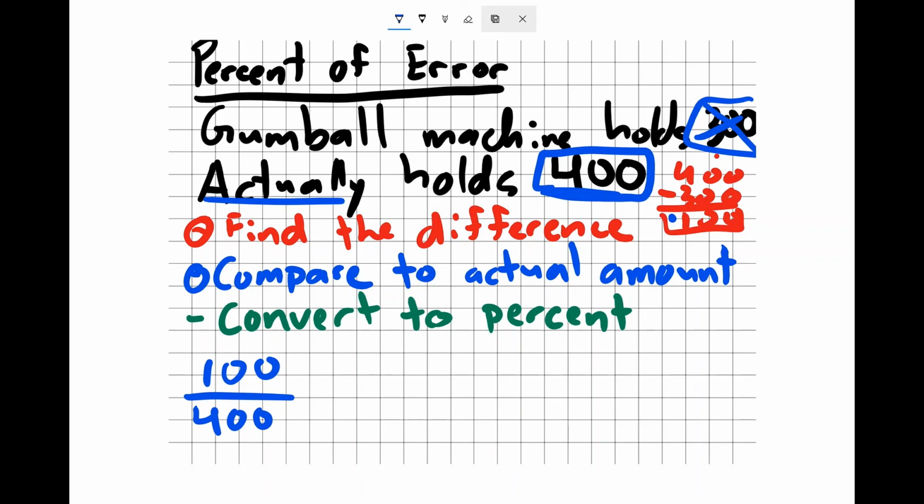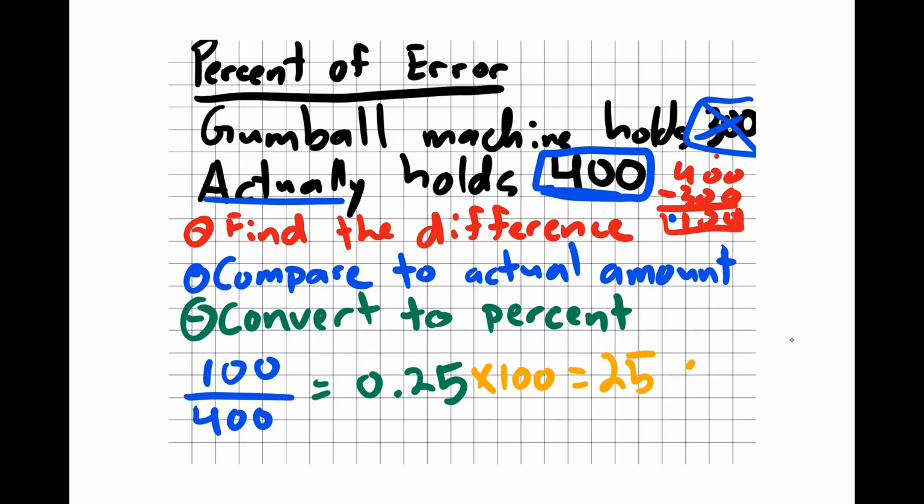And finally, you are going to want to convert it into a percent, which you do by dividing numerator by denominator, which will produce a decimal, and ultimately multiplying by 100 to convert your decimal into a percent. And this will give me 25%, and again, this is not an increase or a decrease, but it is instead an error. 25% error.